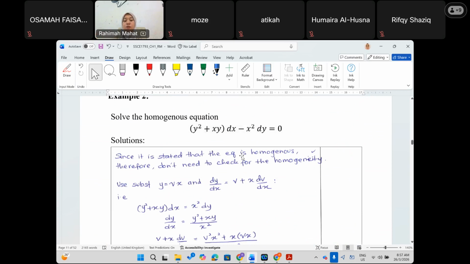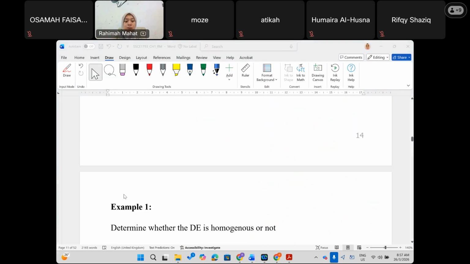It is already stated that this question is homogeneous, so you no need to check the homogeneity of the equation. We already know that this is a homogeneous equation, so you just go to the next step.